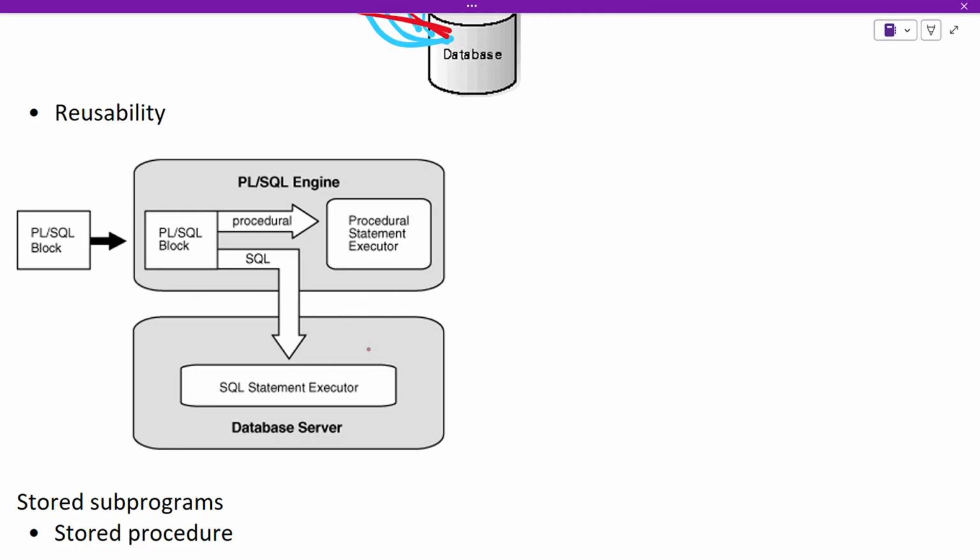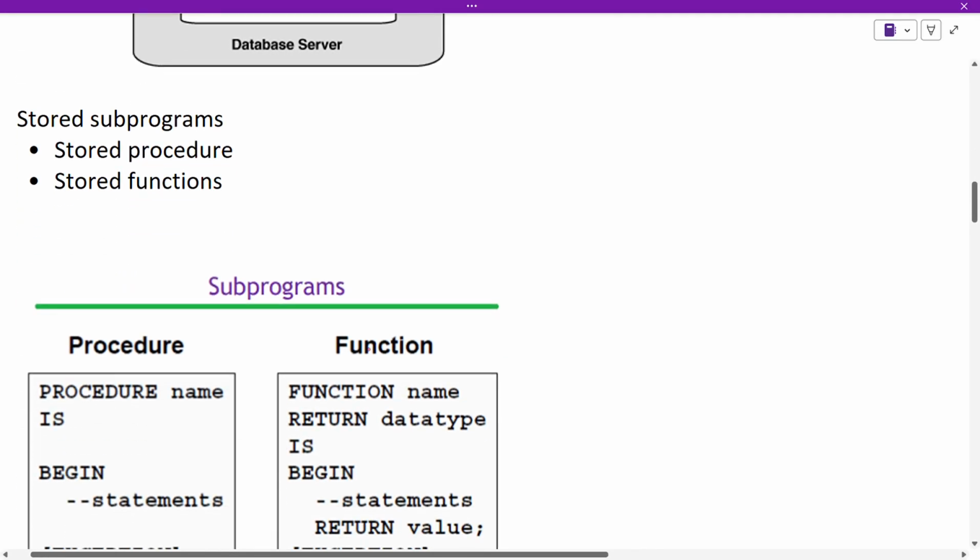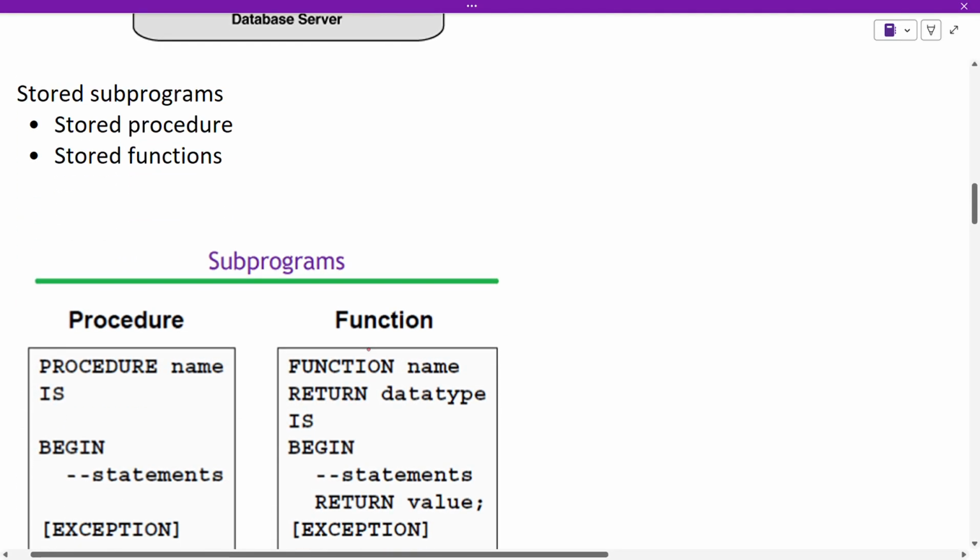Okay, now let's go into the actual topic. Let's see what these stored subprograms are. As you might know, a subprogram is any program which can be called by another program.